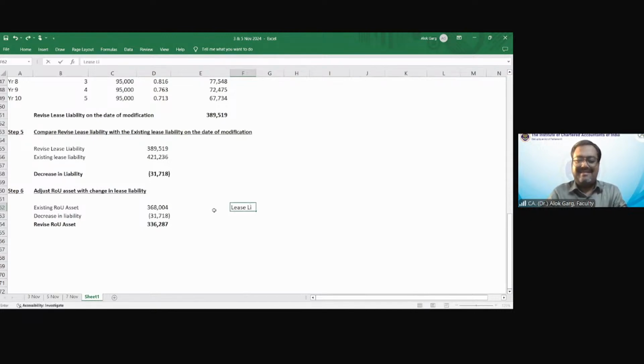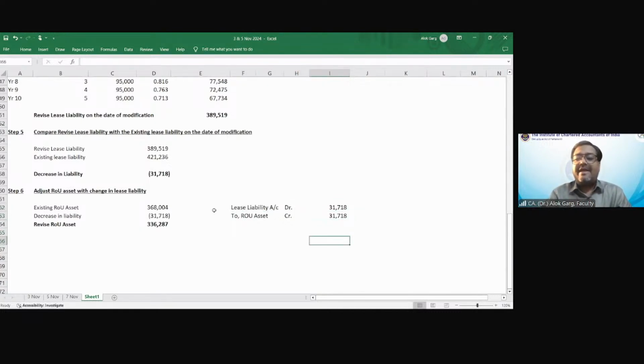Lease liability account debit, to ROU asset credit. Very good. How much? 31,718. So you can see this ROU asset will be credited and lease liability will be debited.